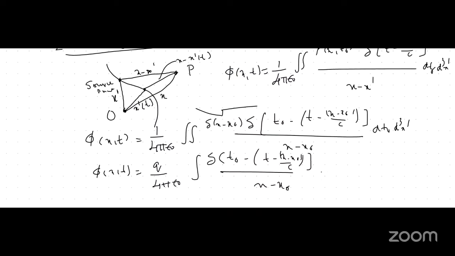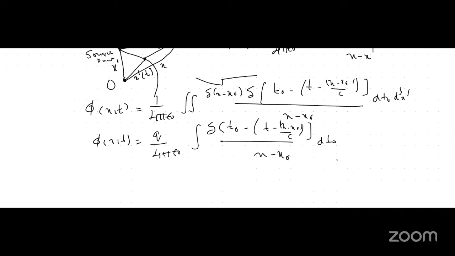Okay, so this is for an electron, the retarded potential in terms of the delta function.